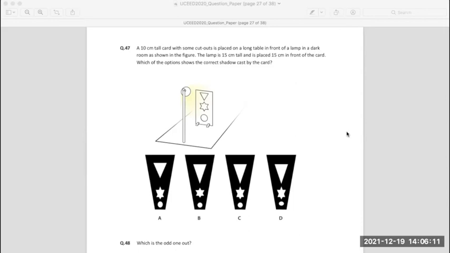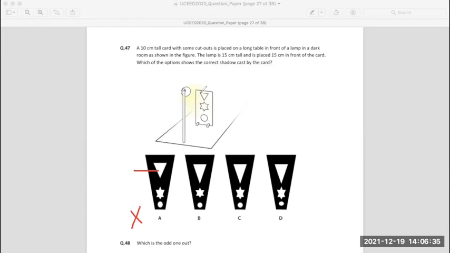First question I will ask: which is clearly not the correct answer? Anybody? Option A. Yes, option A is wrong because of the way this triangle's shadow is happening.